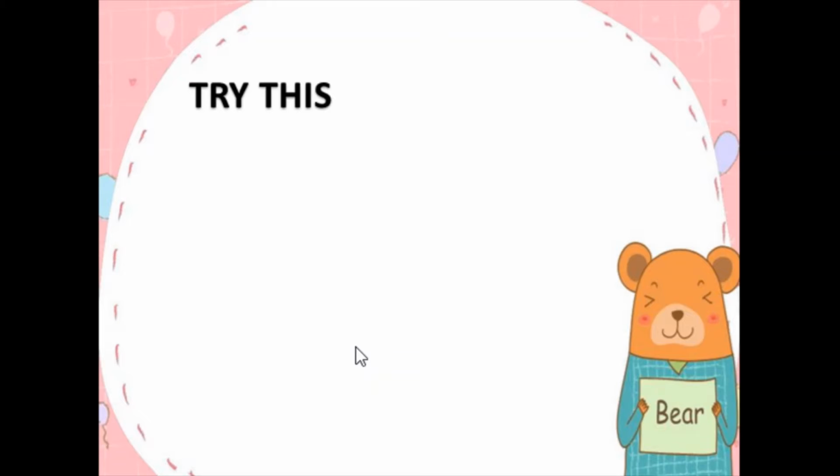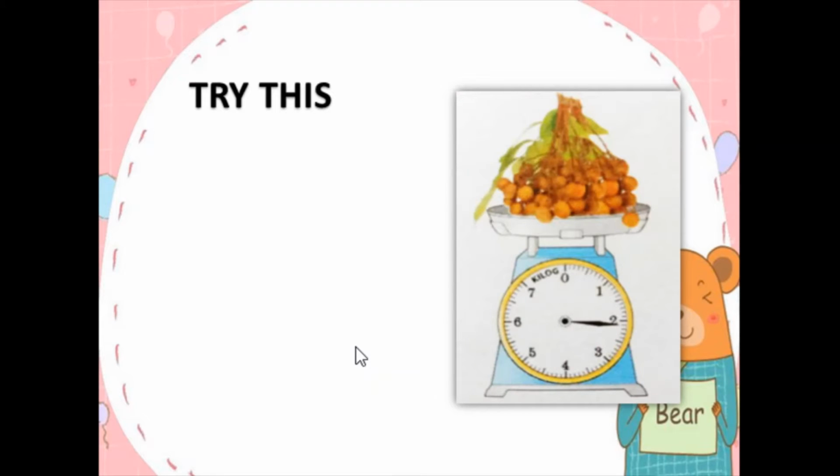Alright, let's try. Let's pick 2 examples that we had last time to see if you can still remember. Measuring these long guns, we need to have pointer, the unit, and the weight. Can you follow? Okay, now, where is the pointer pointing to?